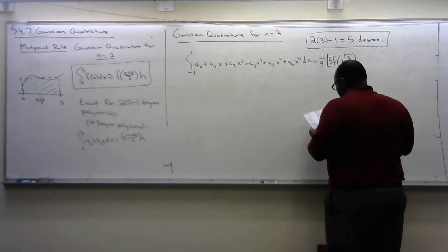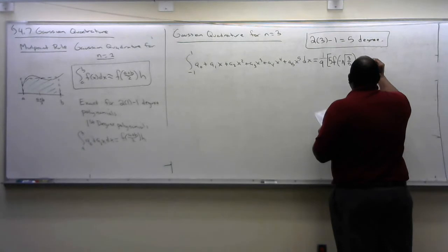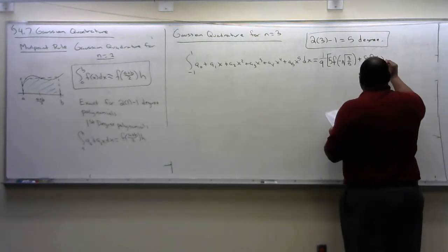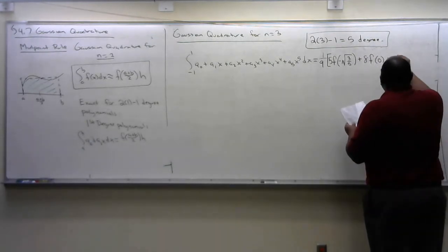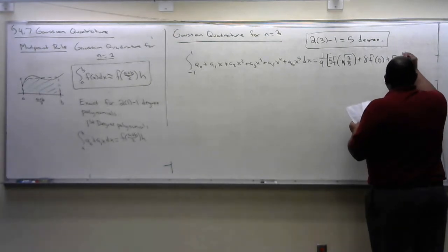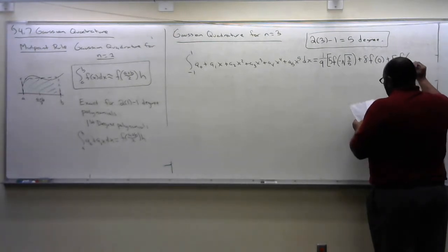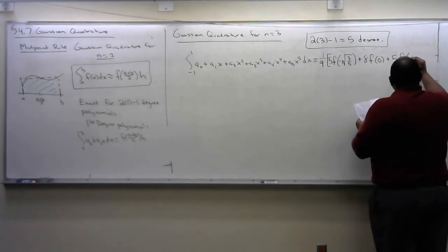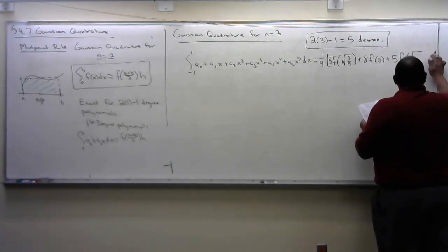There we go. Plus 8 times f of 0 plus 5 times f of the square root of 3/5.